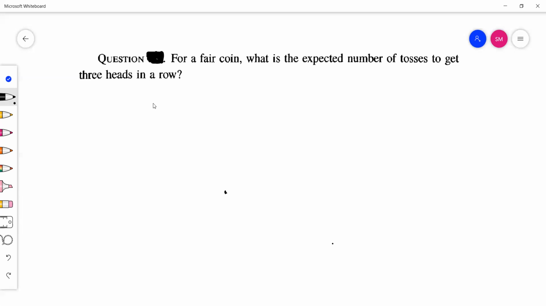But we will see this problem from a different angle. Okay, let's get started. Let's say we are starting. Initially, let's think about the first toss. The first toss can be heads, can be tails, right?